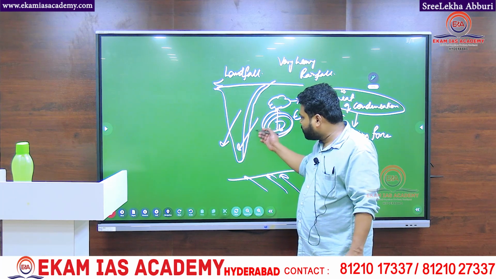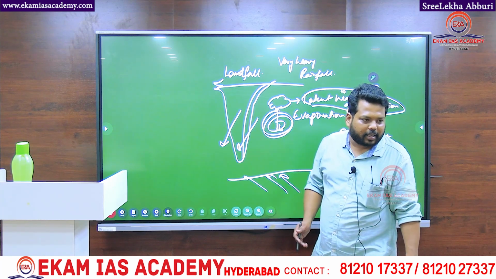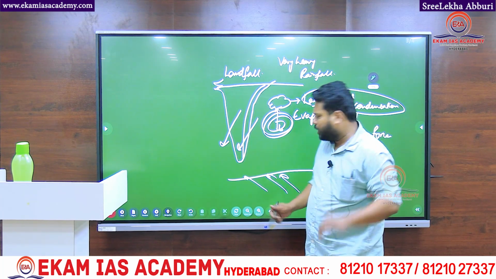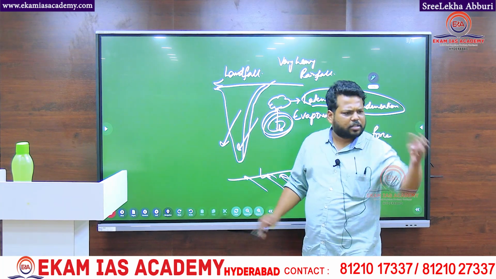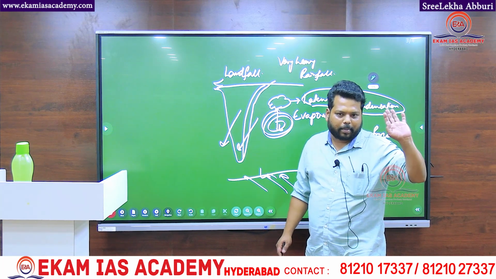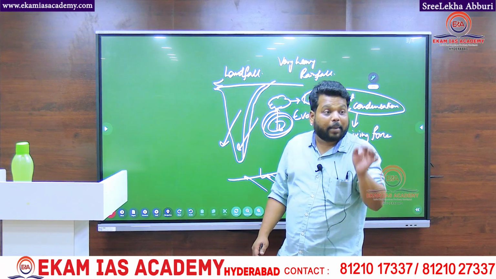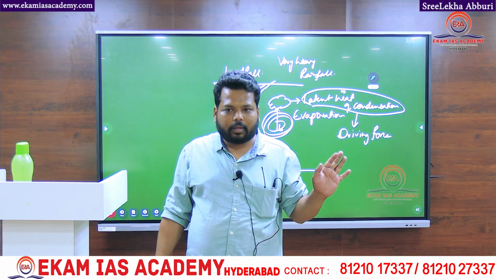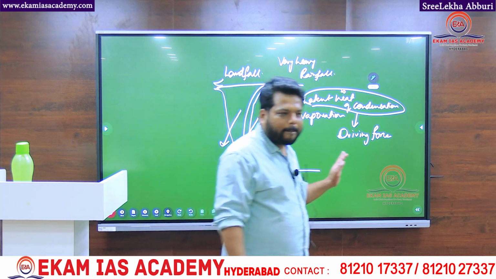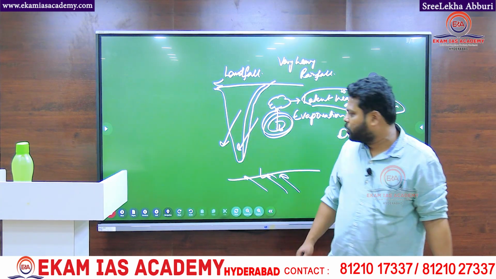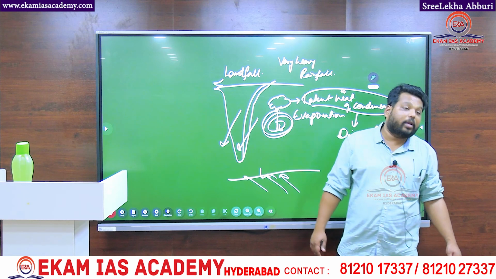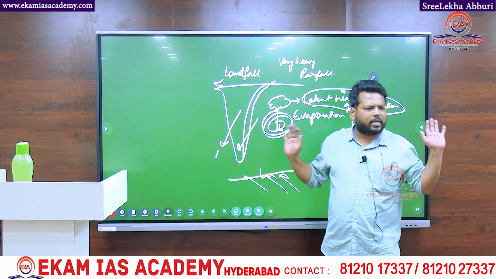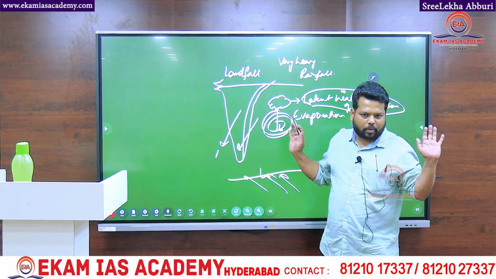I was speaking about the seasonality. Let me take India as an example. In the month of September, the ITCZ has shifted to the equator. Hope you remember this, right? On September 23rd, the ITCZ is located on the equator, yes or no? So when the ITCZ is located on the equator during September, the northeastern trade winds will move to the equator, yes or no?